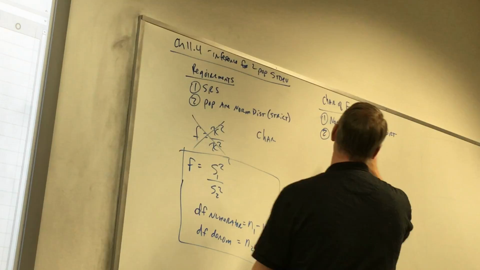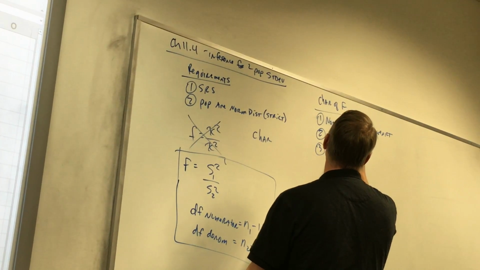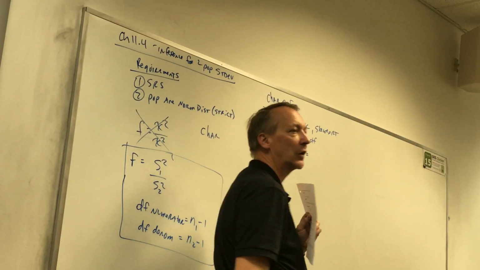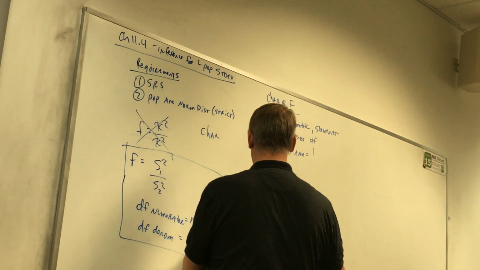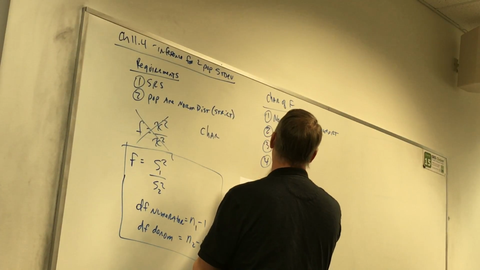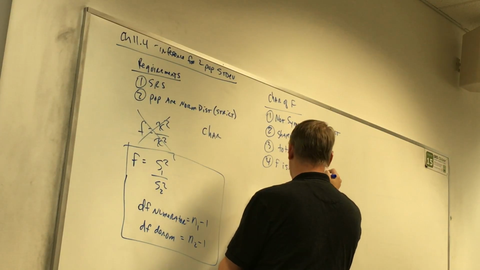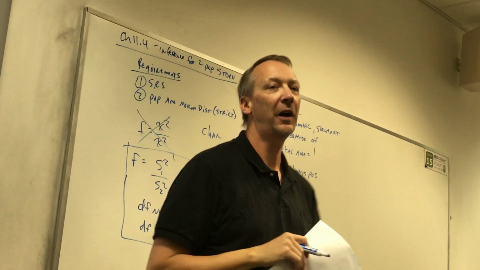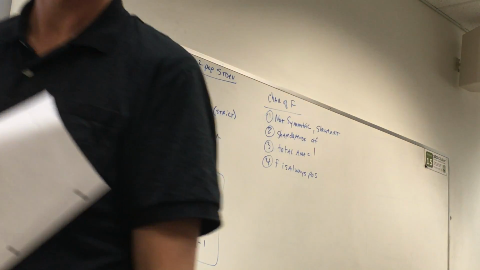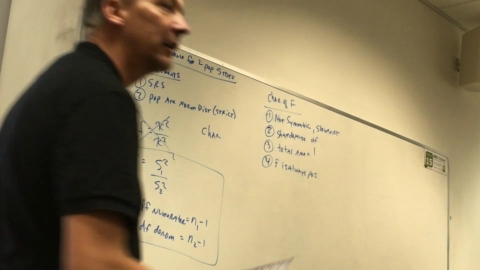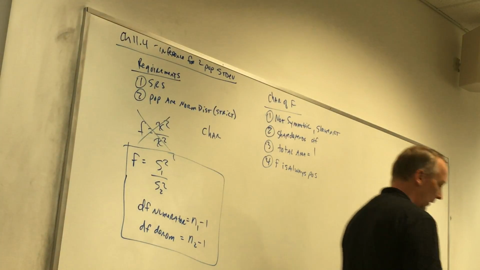Number three, I'll bet you can guess the total area. What do you think that should equal? 1. And number four, F is always positive. Why do you think it's always positive? It's a chi-square divided by a chi-square, right?